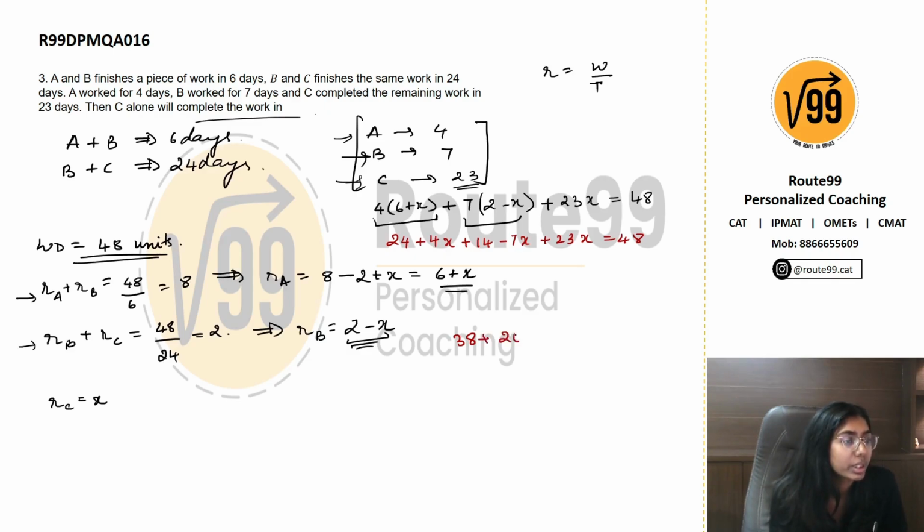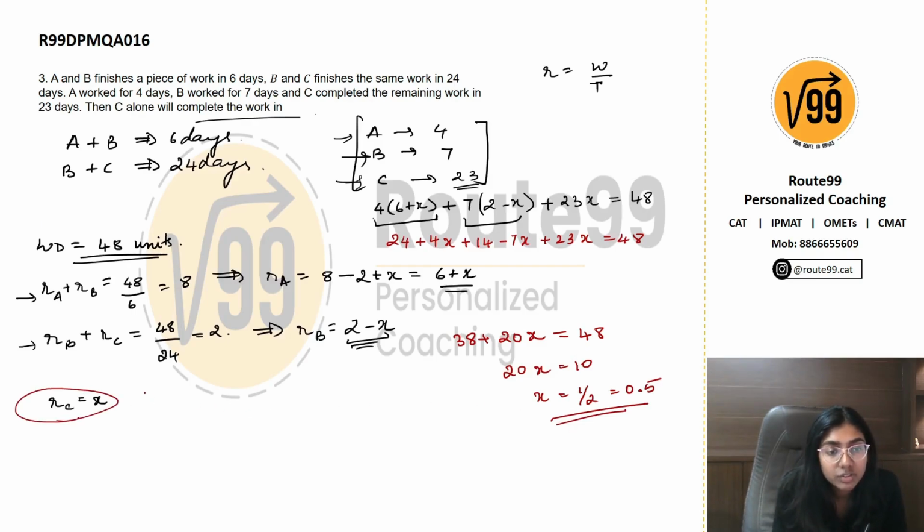So plus 20X is equal to 48. So 20X is equal to 10, X is equal to half, which is 0.5. So the value of X, which is the rate of C, is 0.5, which is half.